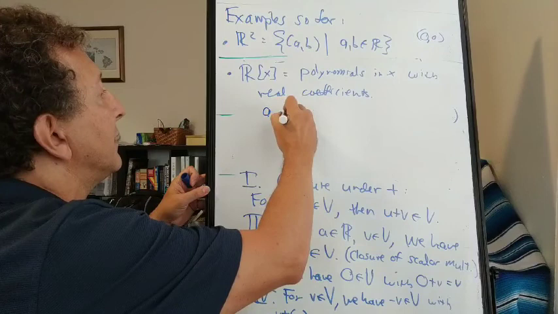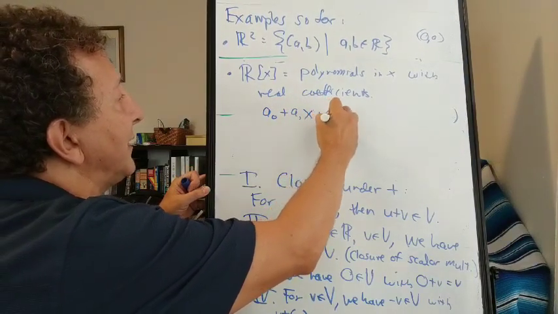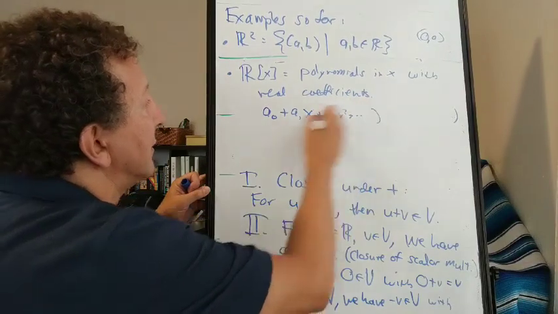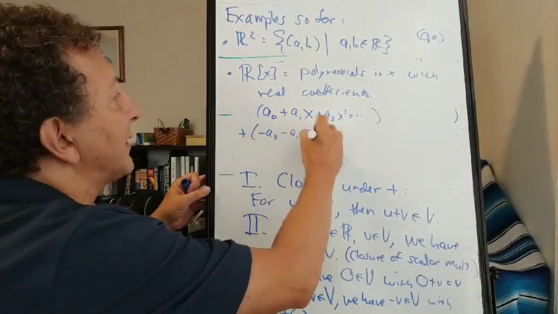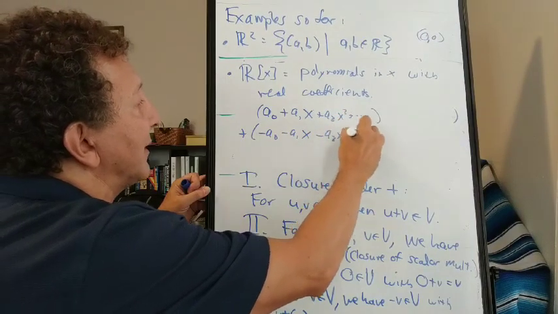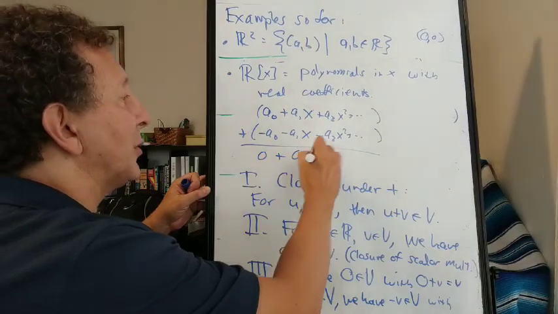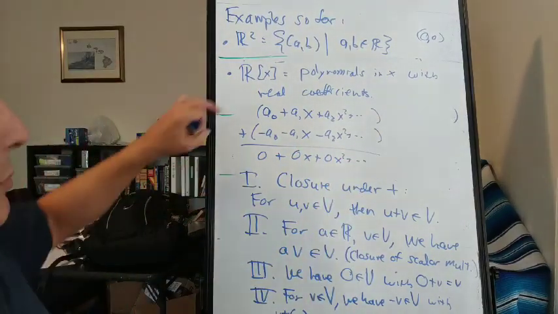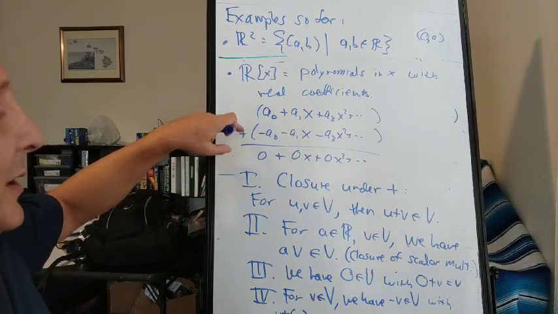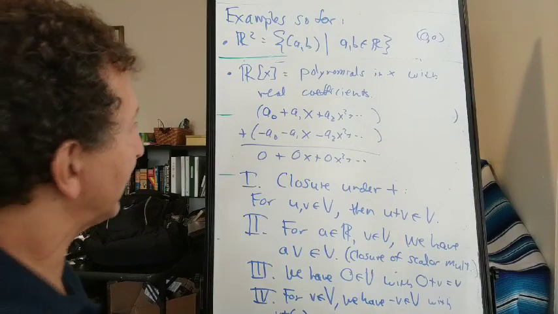So a0 plus a1x plus a2x squared, etc., plus -a0 minus a1x minus a2x squared, etc., is equal to 0 plus 0x plus 0x squared, etc. So multiplying all the real coefficients by -1 gives us all real coefficients still. So that's a vector space.